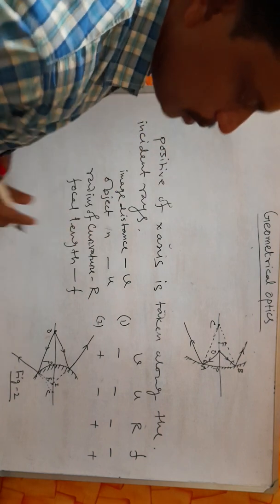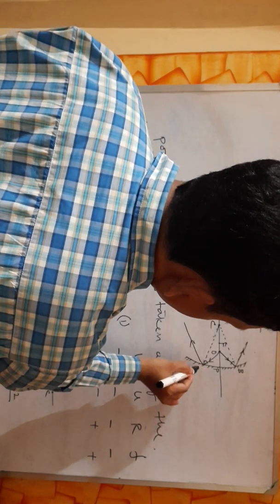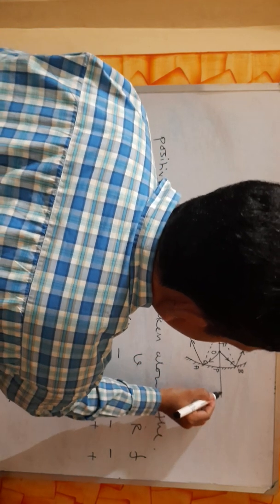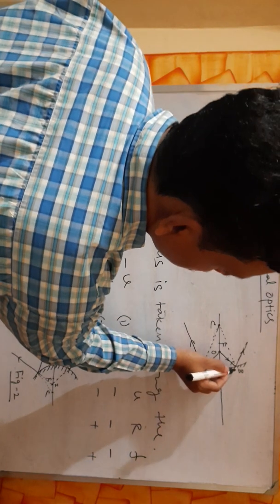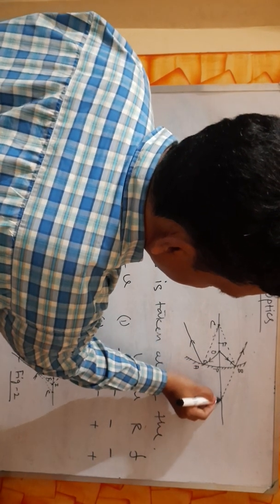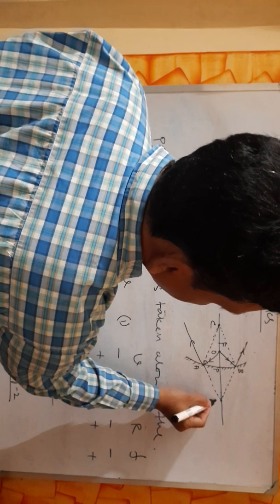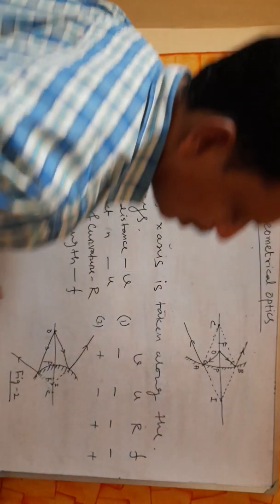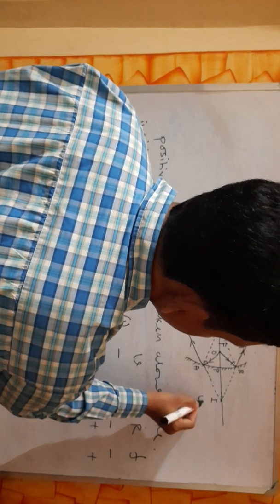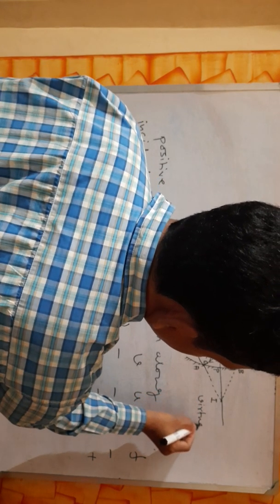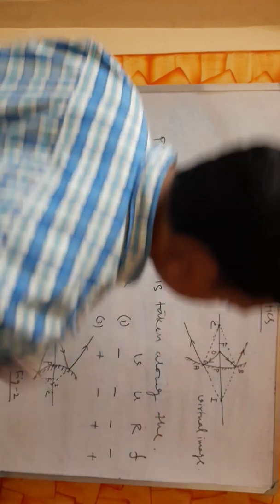So both reflected rays on the back side meet at the point I, and a virtual image is formed.